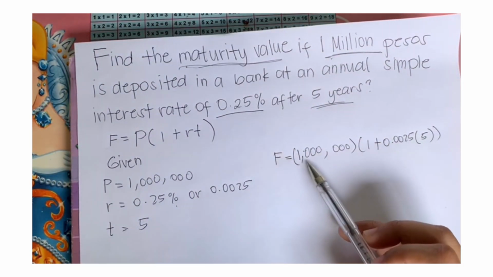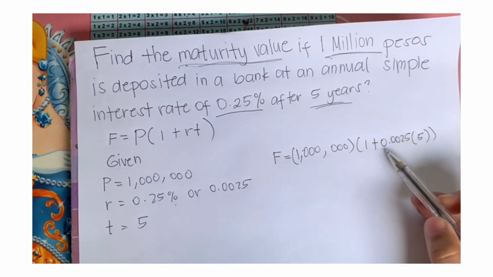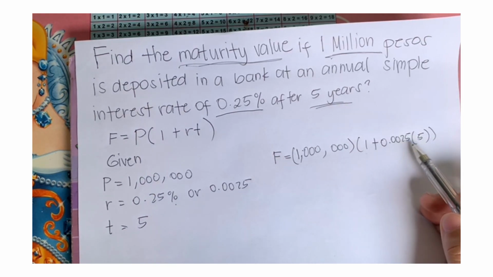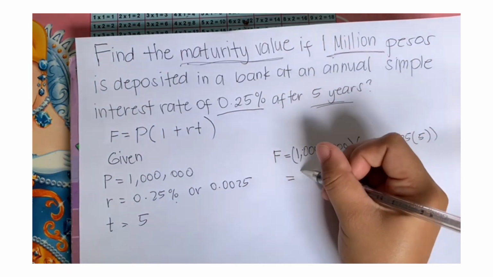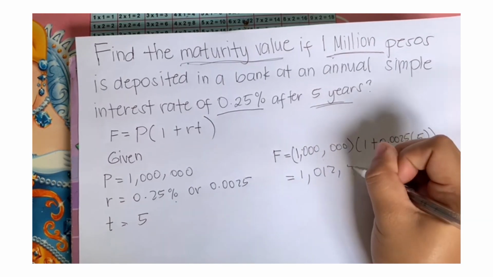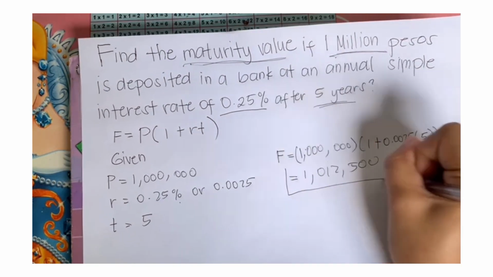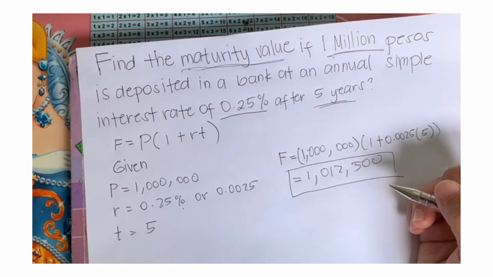So, 1 million multiplied by 1 plus 0.0025 multiplied by 5 is equal to 1,012,500. So, this is the maturity value after 5 years.